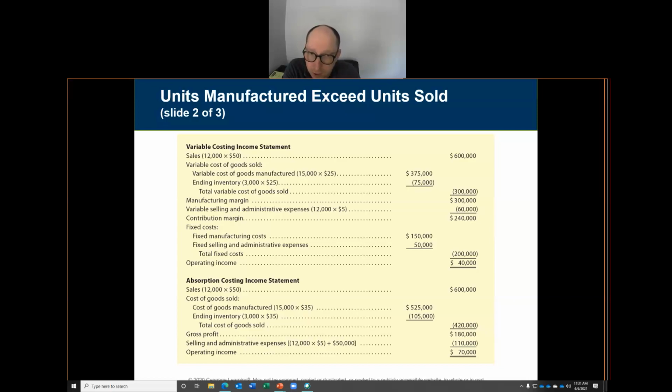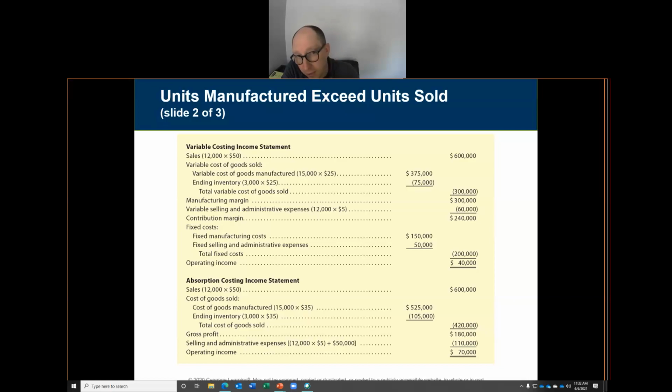Variable cost $25 per unit. I made 15,000 units, 375. I have an ending inventory of 3,000 units. How did I get 3,000 units ending inventory? I made 15,000 units, but I only sold 12,000. That gives me a difference of 3,000. So 3,000 ending inventory. At a variable cost of $25 per unit, that's 75,000 ending inventory.